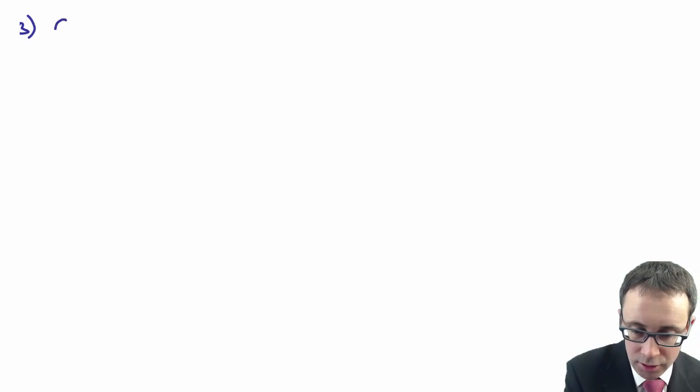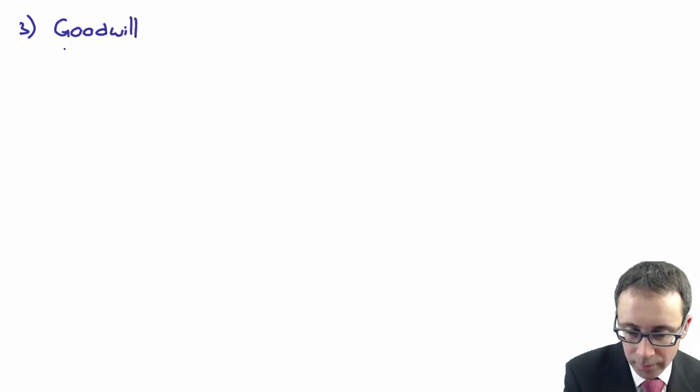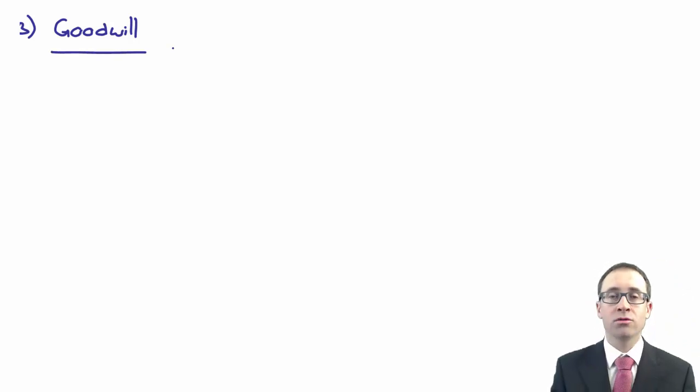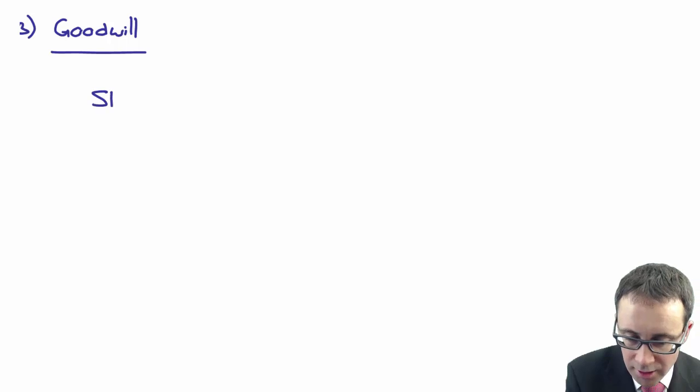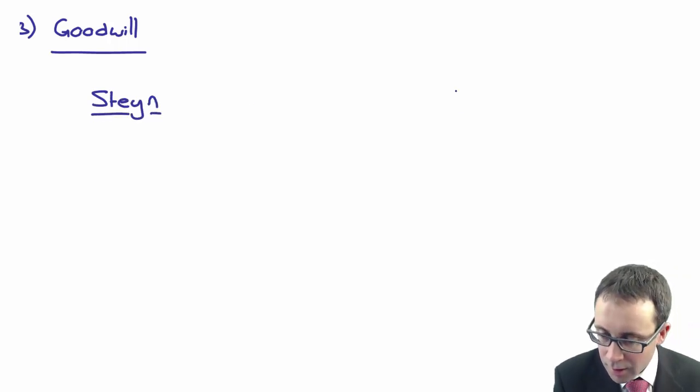Excellent. So what we can go through and do now is start to look at the goodwill. So working number 3, if you so wish, looking at goodwill. Remember, when you have a complex group, we have that columnar format, don't we? So you've got the goodwill in Stain and the goodwill in Adams.